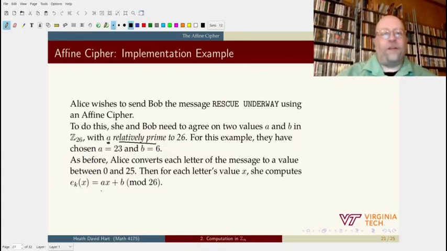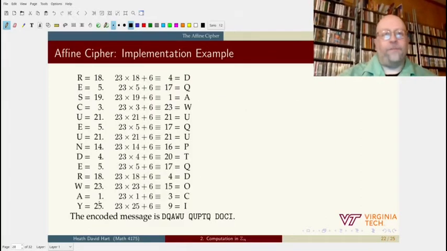So Alice is going to convert each letter of the message to a value between 0 and 25, and then she will compute this value mod 26: AX plus B, or in this case, 23X plus 6. And that will get us the encrypted version of the letter X. Let's see how that works.